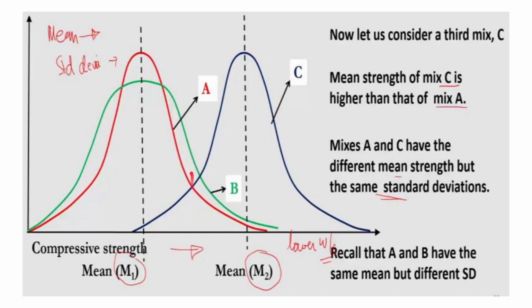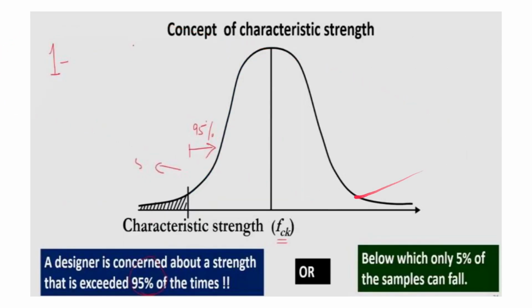And if we compare B with C, we will find that both have different mean strength as well as different standard deviation. So that is also independent. Individual concrete samples will have individual normal distribution curves. So that is the whole criteria.